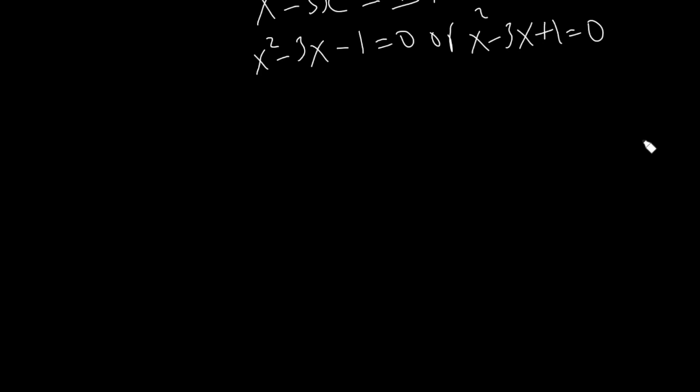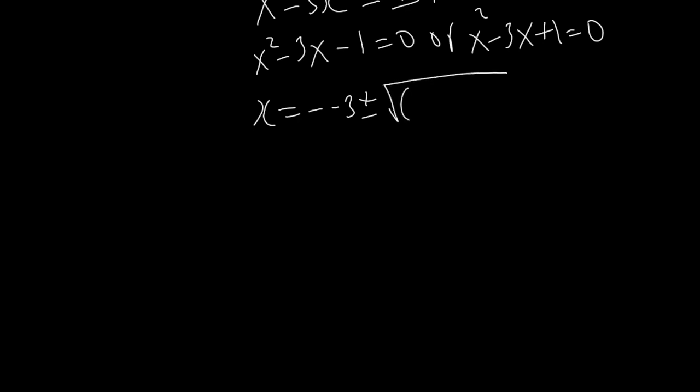Right, so you're going to go ahead and use the formula. Check your a, your b, and your c. The b in this case is -3, plus or minus.